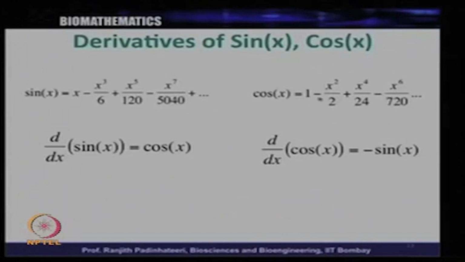And cos x is 1 minus x square by 2 plus x power 4 by 24 minus x power 6 by 720 and so on and so forth.